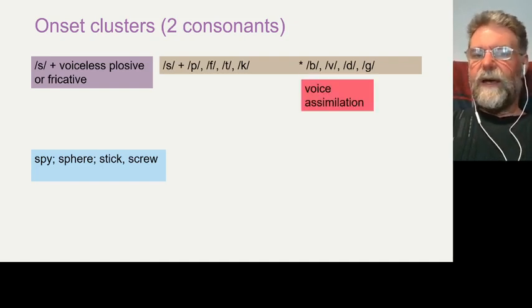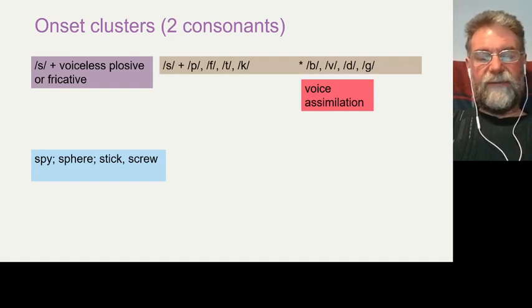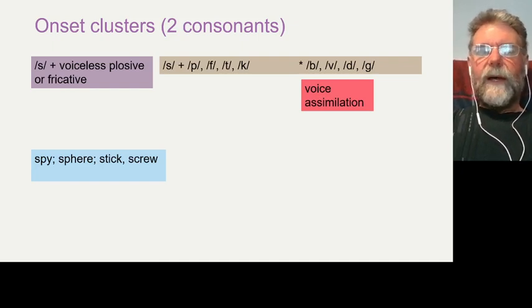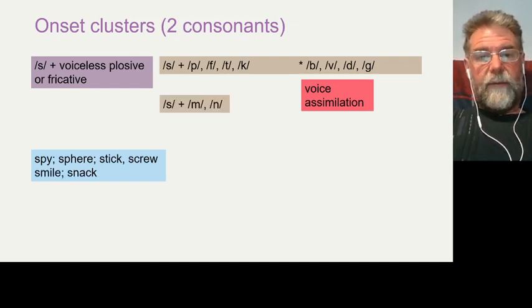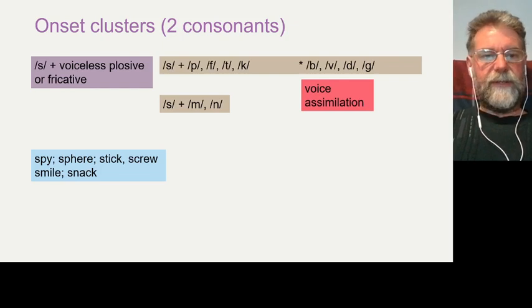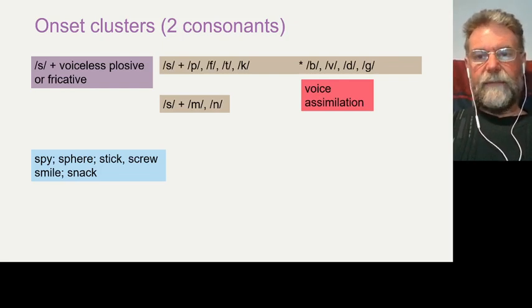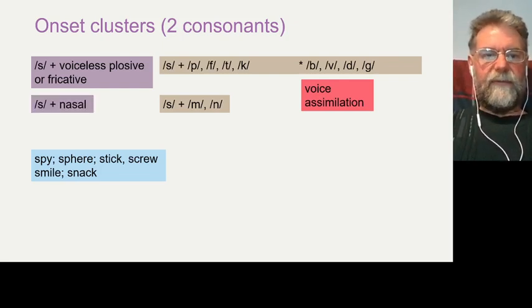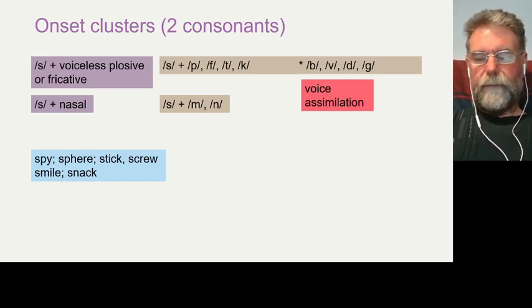So there is a voice assimilation condition there, that they must have the same voicing features. Another thing that s can come in front of that nothing else can is nasals. So you can get sm and sn words, as in smile and snack. Okay, so s can be followed by a nasal. Well, that about concludes what we can get in terms of two consonants in the onset.